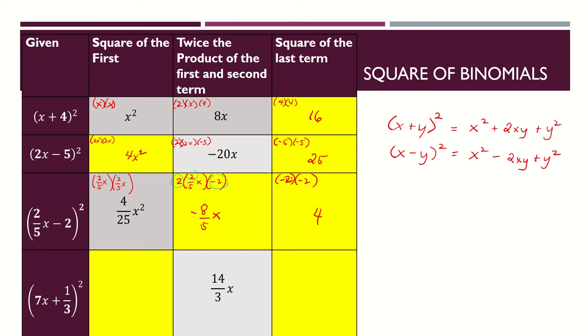The quantity 7x squared is 49x squared. So, saan galing ulit yung 49? It's from 7x to the second power, or 7x times 7x. Next, 14 over 3x is from 2 times 7x times 1/3.